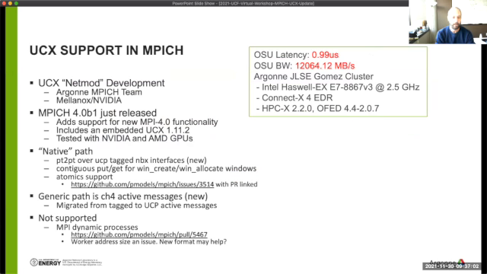So we just released a beta of MPICH 4.0. MPICH 4.0 now adds all of the new MPI 4.0 functionality that was just standardized earlier this year. This includes large count APIs, partitioned communication, and persistent collectives.